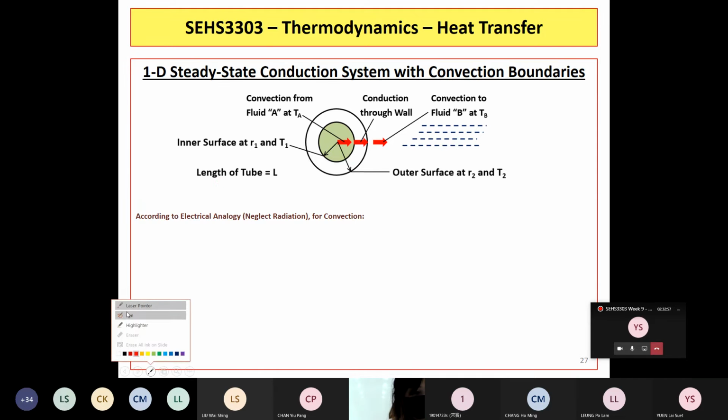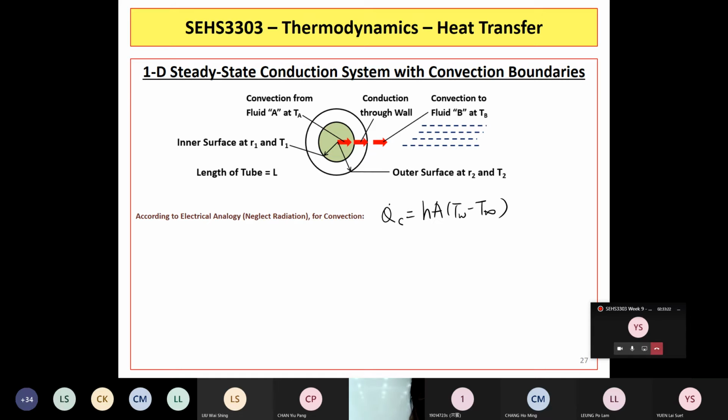So again, we'd like to use the electrical analogy method. That is Q dot equals, this is Newton's law of cooling, right?